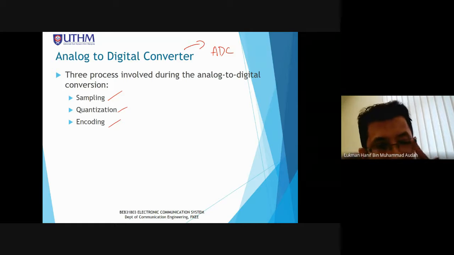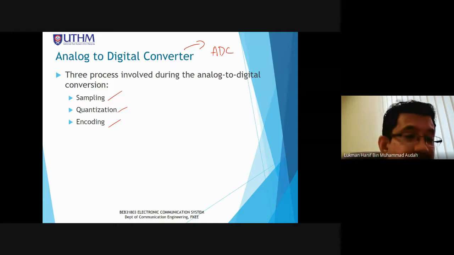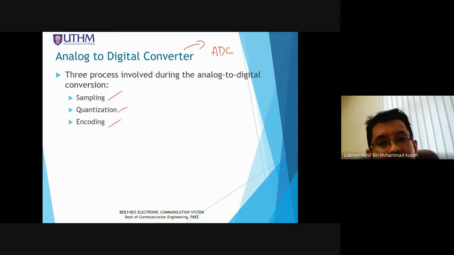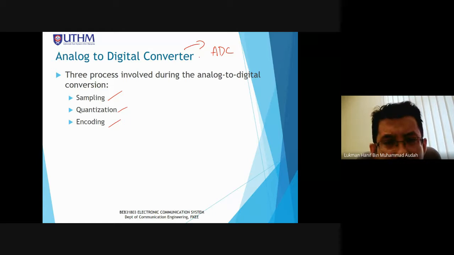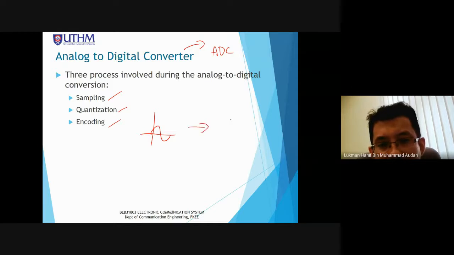Ini memang selalu keluar dalam final exam. Biasa kita tanya tentang proses-proses ini. Okay. So maknanya ADC ni, dia akan tukar analog signal kepada digital.